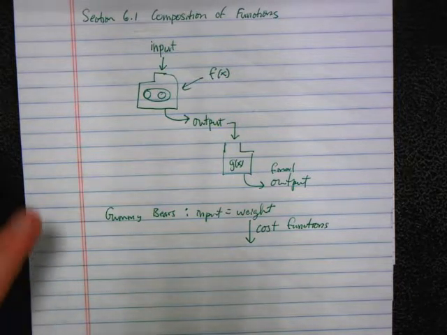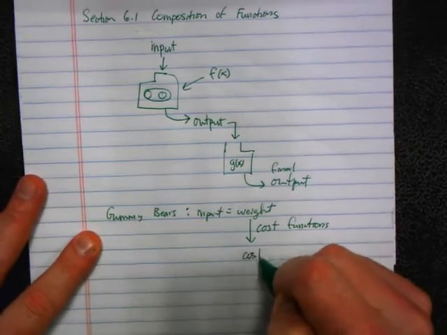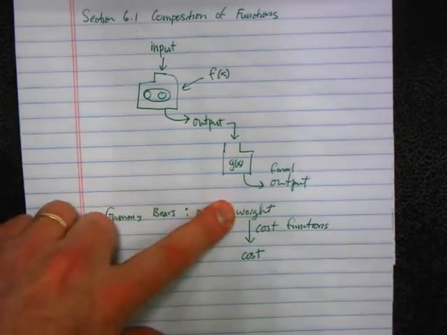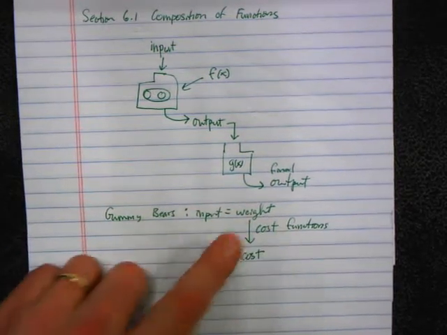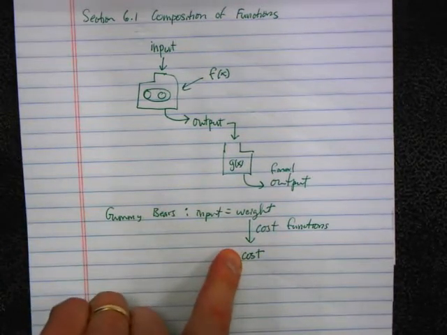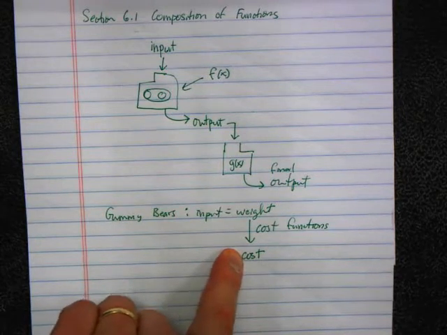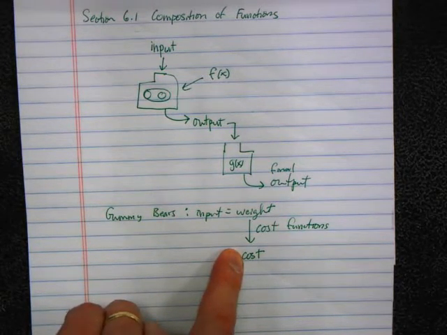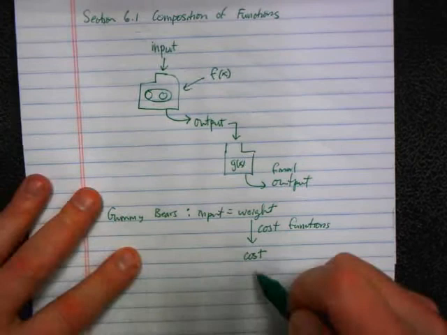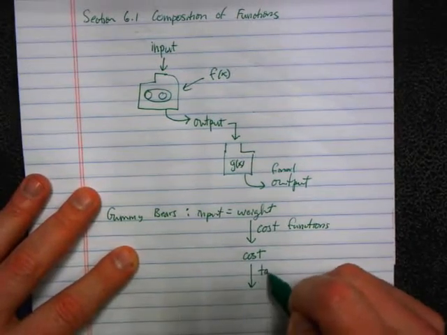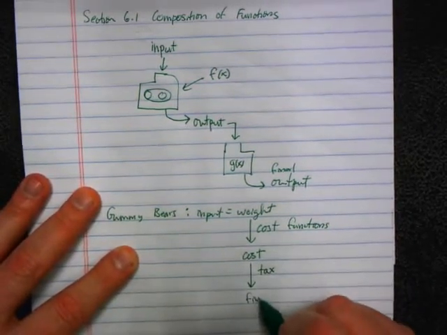And that gives you the cost. So there's our input, our input is weight. We put it into the cost function and we get an output of cost. But that's not the end of it. Then what happens? We live in the great state of tax. And then they take that cost and they put it into another function, and this function is called tax.